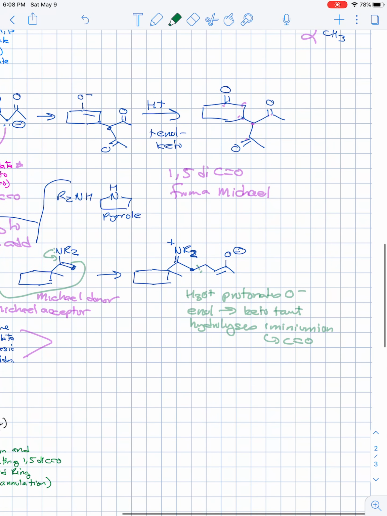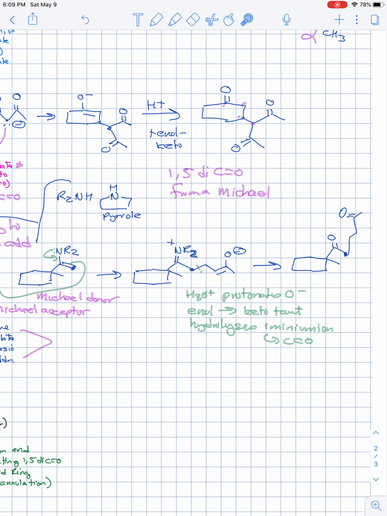So 3 things. And so the product that we're going to get out of this, which I'll write up here, hopefully fit in. So there was our enolate, and then we're going to go 1, 2, 3, 4. So that becomes a carbonyl, and I really apologize for that awful bond.